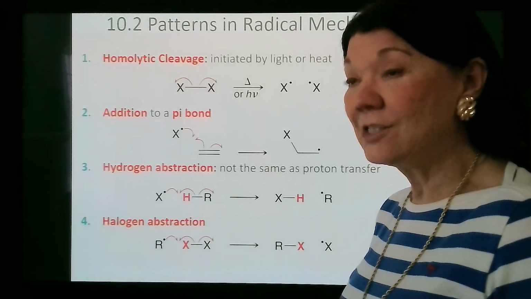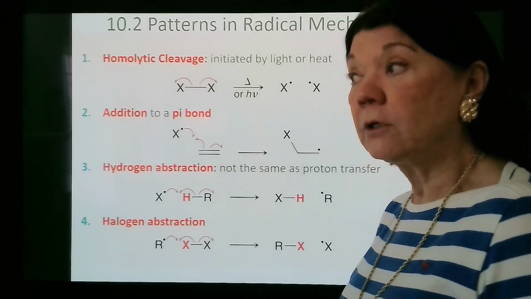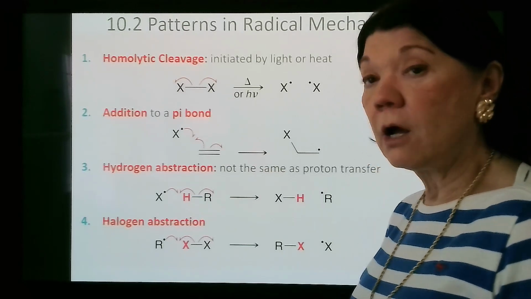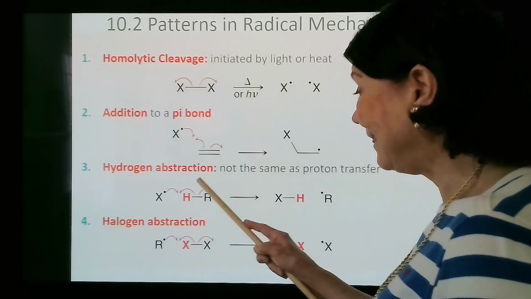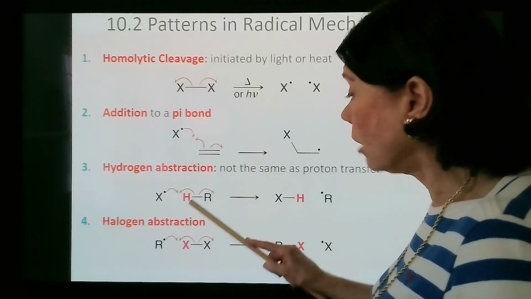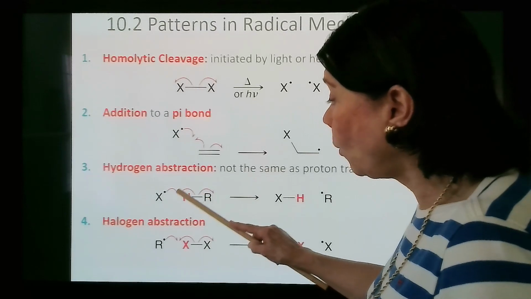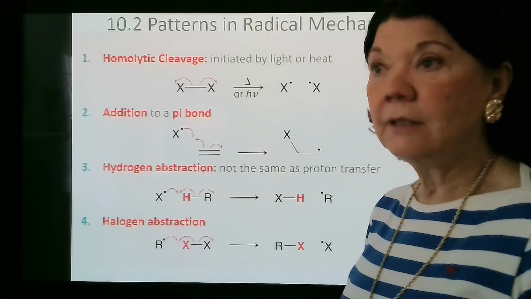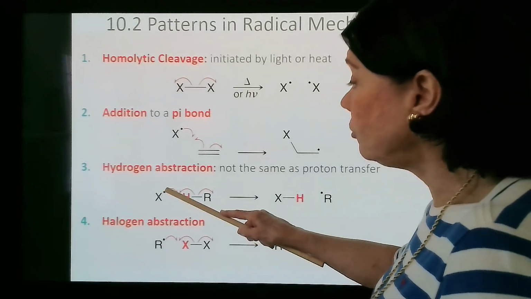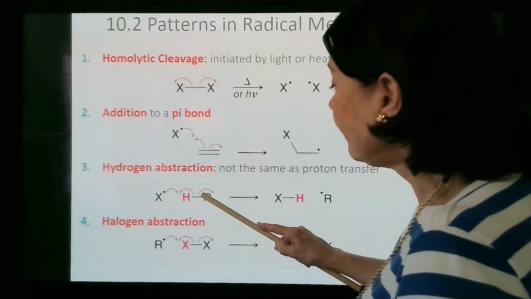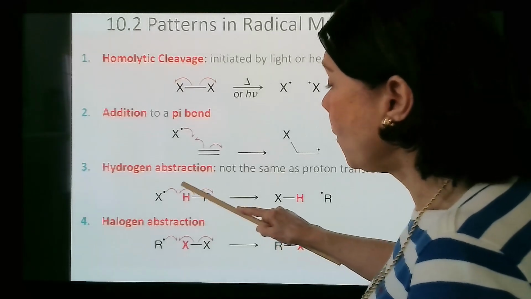Notice that I didn't say proton, because a proton is H plus. A proton is bearing a positive charge. This is not going to bear a positive charge. It's taking an electron with it. X dot means the X radical. When X dot abstracts H dot, it takes an electron with it.